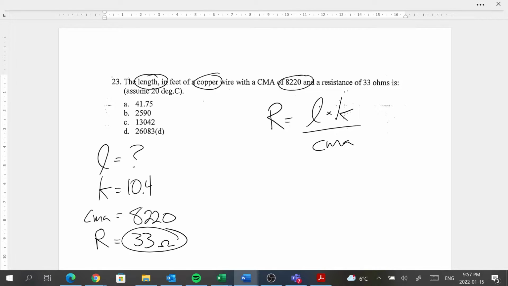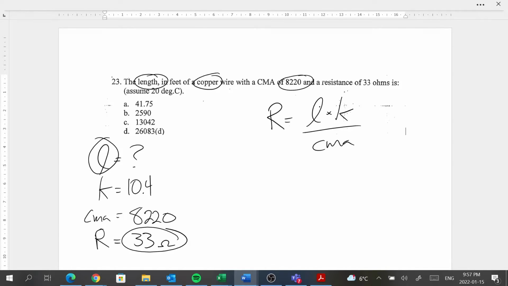And so we know that the length of the conductor is going to be very, very large to be able to produce a resistance that high. I mean, if we're dealing with copper, it conducts very, very well. It doesn't have much internal resistance, so it must be a very long piece of copper conductor. So we know it's going to be high.